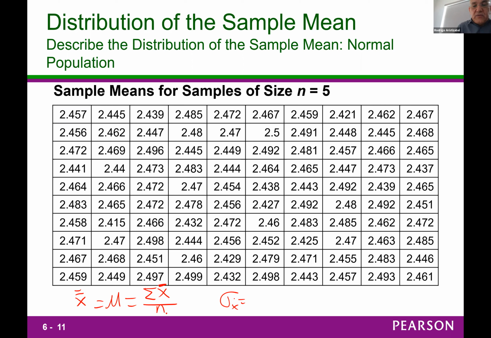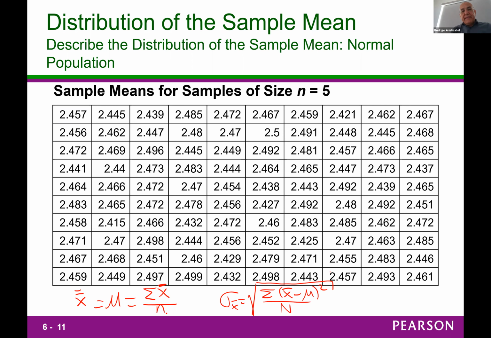The standard deviation for all x bar is given by the same formula that we used before: the sum of each mean minus the mean of the population, squared, divided by n, because it's a population. Let's assume that this is a population.